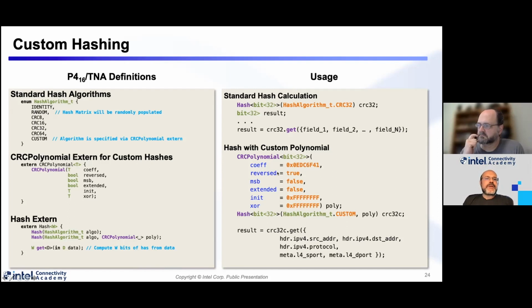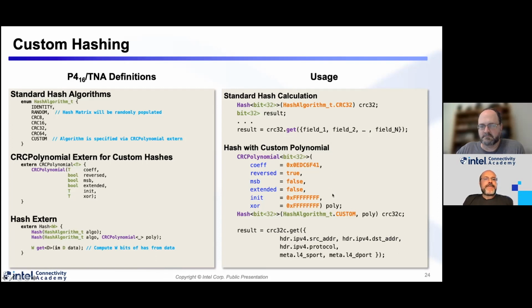More importantly, when we instantiate that, and here I'm showing how to do that, you first instantiate the CRC polynomial extern, and then you use it to create a specific hash extern. Once you instantiate anything in P4 and give it a name, you have the opportunity to have an API to control that object at runtime. And that's precisely what we can do.